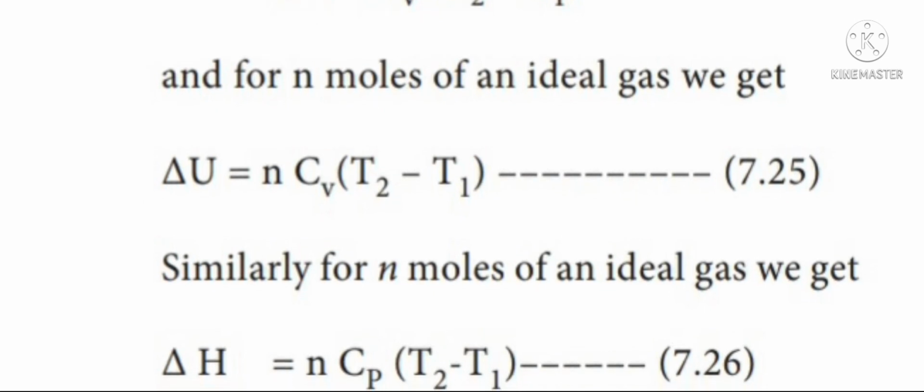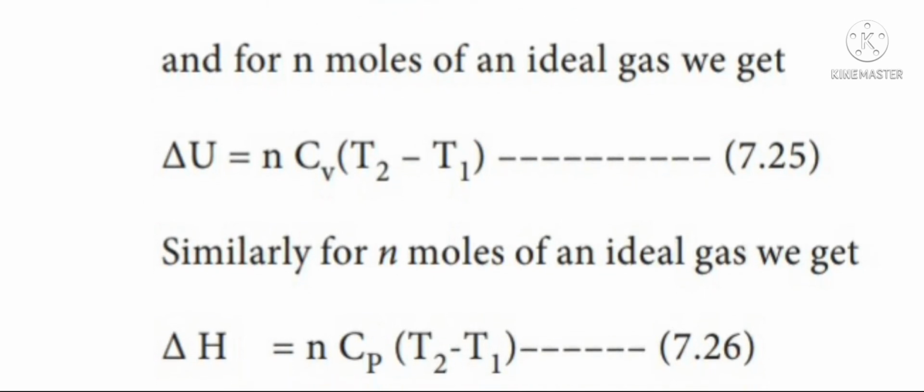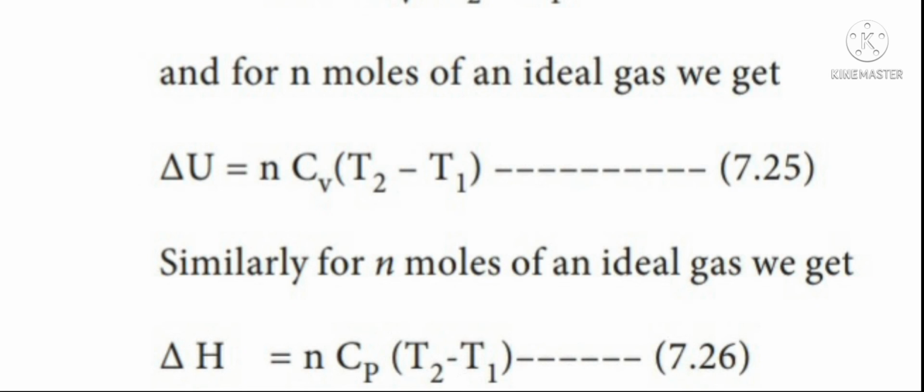It is given by equation 7.26. Delta U is calculated using n into Cv into T2 minus T1. Delta H is calculated using n into Cp into T2 minus T1.